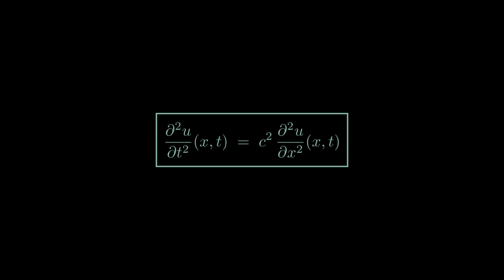This is a partial differential equation, and it is a partial differential equation because notice that our dependent variable u depends on both x and t. We have a derivative of u, which is our displacement, as a function of time, and also a derivative of u as a function of x, space.